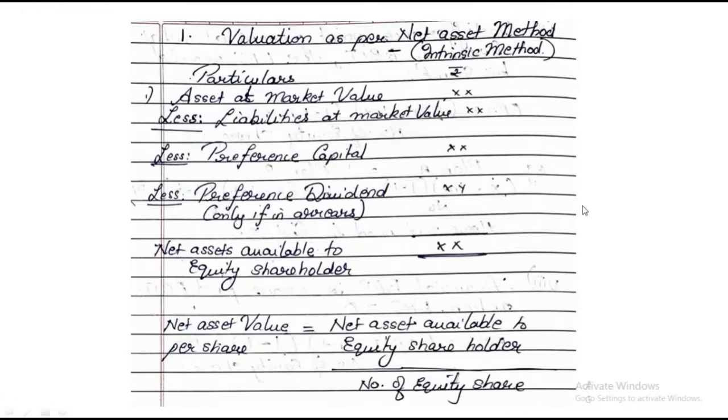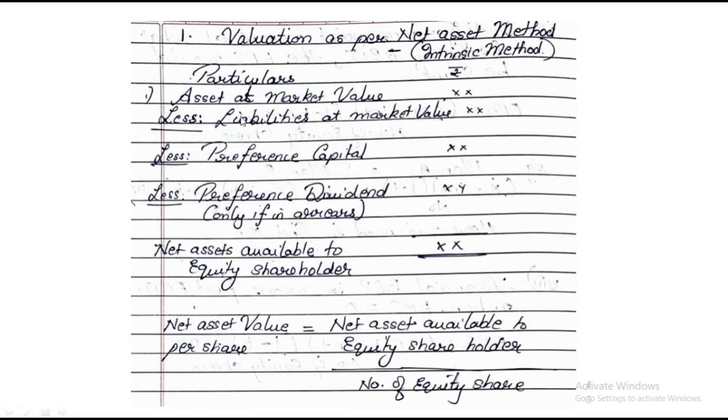Okay, now the second type of sum will be based on something called the net asset method. So we'll have to first make a format, get the net asset of the company, and thereafter we can find the post merger EPS. There's a format to get the net asset value of the companies. We have assets at market value, less liabilities, less preference capital, less preference dividend, only if they are in arrears.